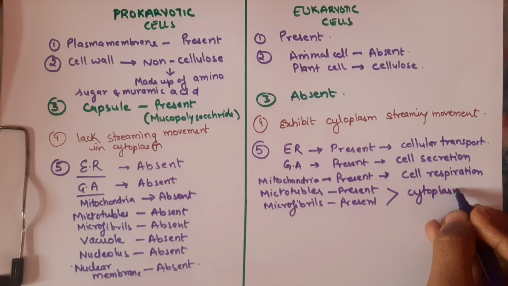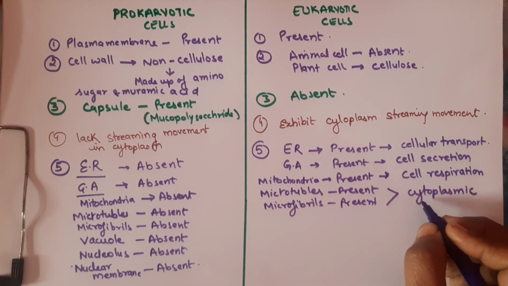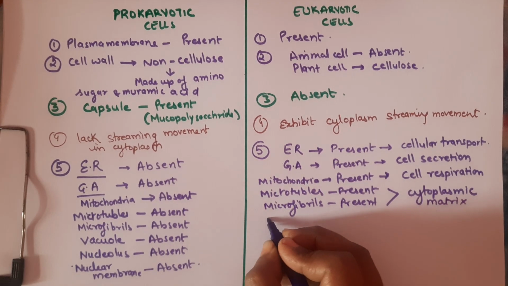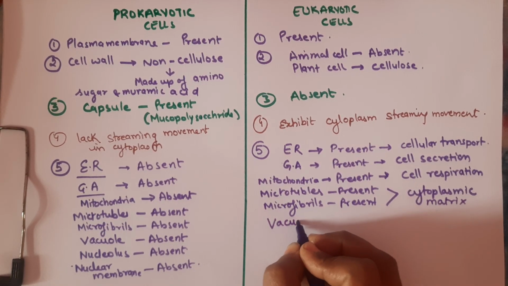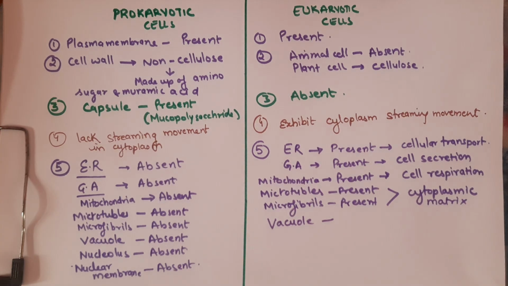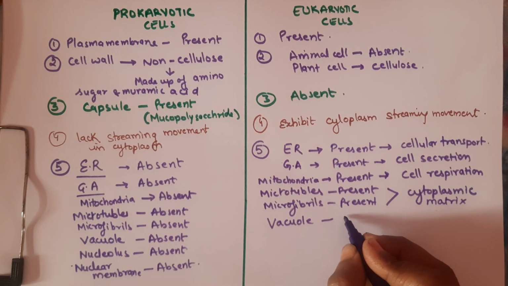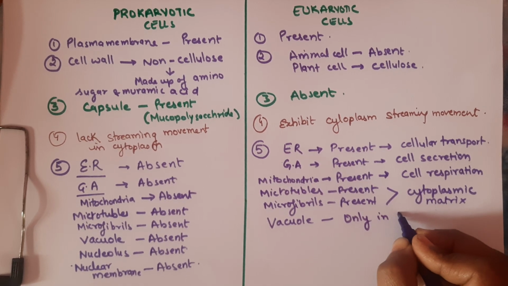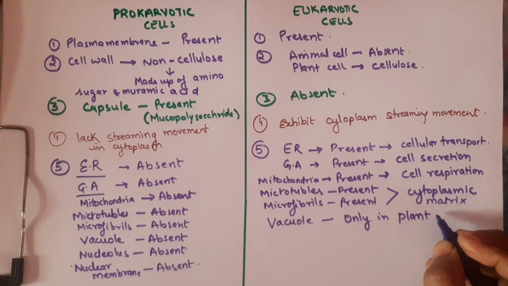Then we will talk about the vacuole. Vacuole is absent in the prokaryotic cell, whereas it is present only in the plant cell. Oh sorry, the animal cell is lacking the vacuole.